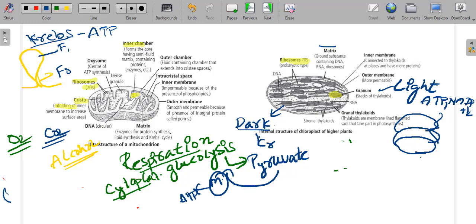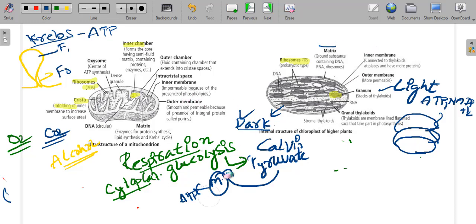Oh, I'm sorry, it should be the Calvin cycle. So these are very important. The dark reaction occurs without light, and the light reaction with light, where ATP and NADPH2 are produced, and here the Calvin cycle occurs.